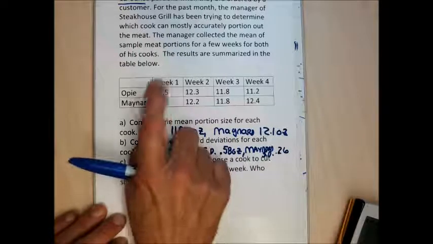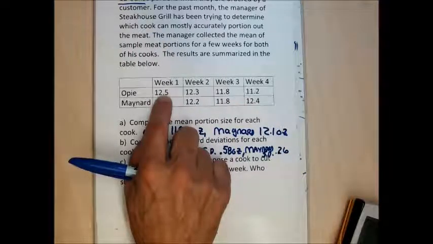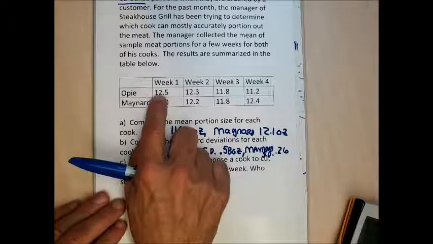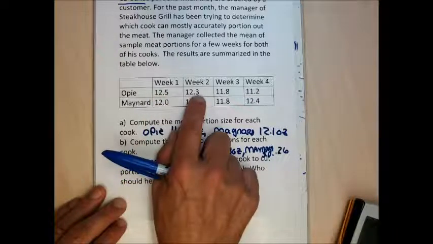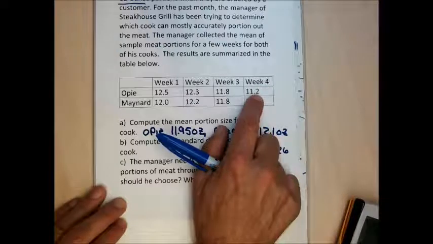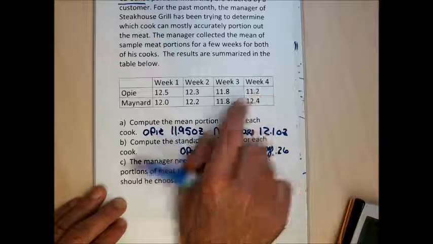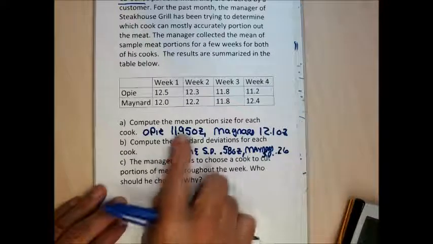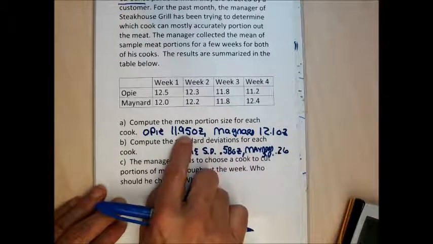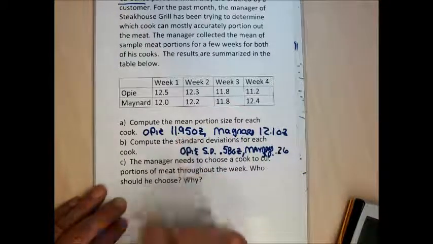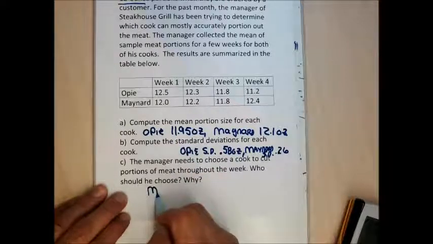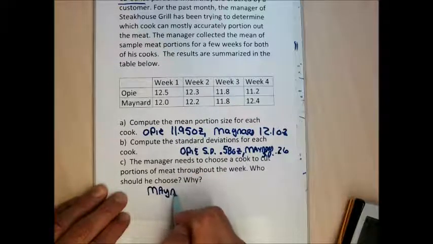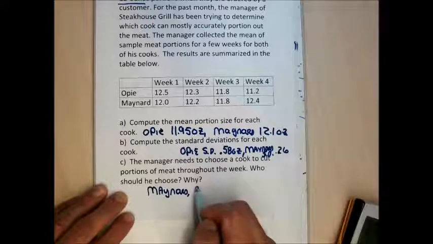And this week, Opie's costing us a lot of money because he's making the steaks way too big. Probably nobody's going to complain about his week 1 and week 2. But by the time we get to week 4, maybe somebody's going to complain. If I was picking one of these cooks, and I'm more interested in pleasing my customers than saving the few pennies that Opie might have saved because of his smaller cuts, I might pick Maynard because I think he's more consistent.